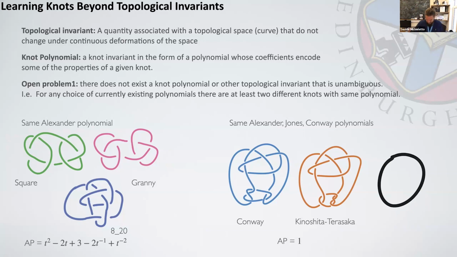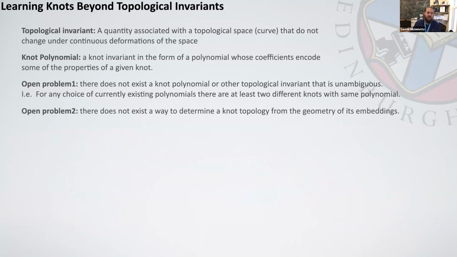You probably know all this already, but this is the kind of problem that I'm thinking about. The other problem that, from my perspective of polymer physics, I think is quite important, is that there is no way to determine knot topology from the geometry of the embedding.